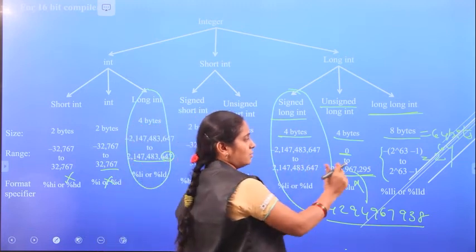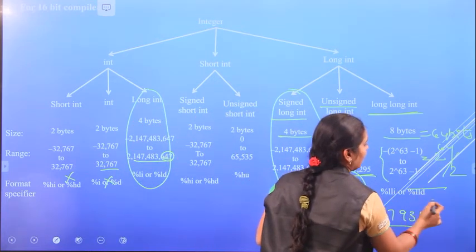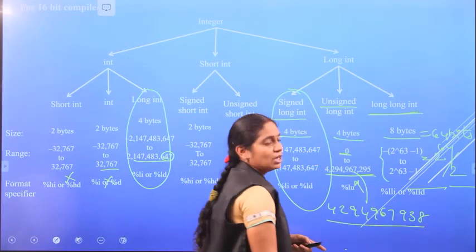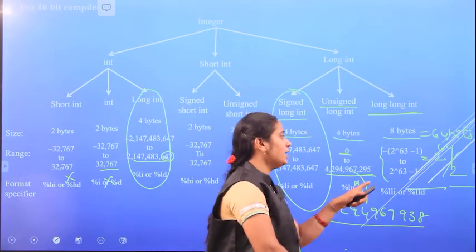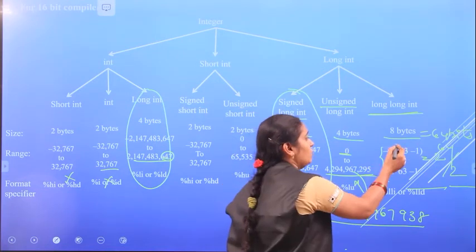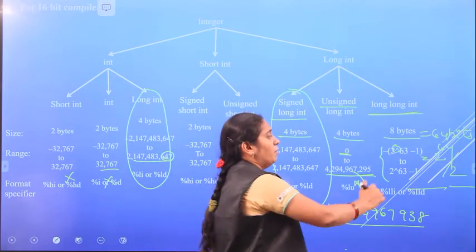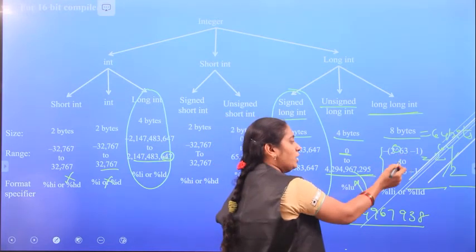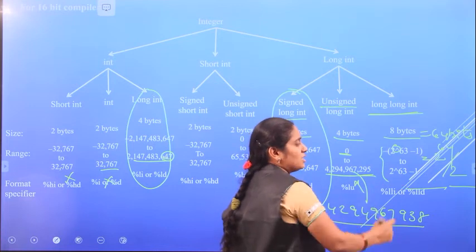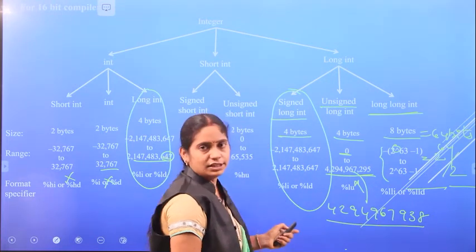So find the value of this and make it into half. Take half as negative values and the remaining half as positive. So the range here is minus 2 to the power of 63. Here this is the symbol used to represent the power, the cap symbol. So minus 2 power 63 to positive 2 power 63 minus 1. So this is the range of long integer.